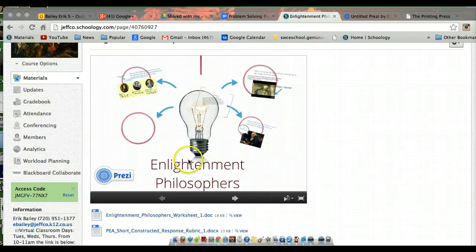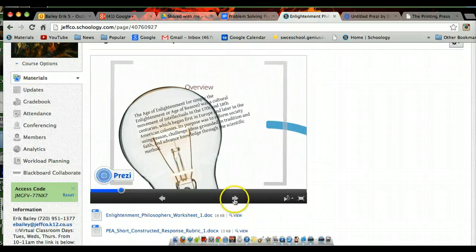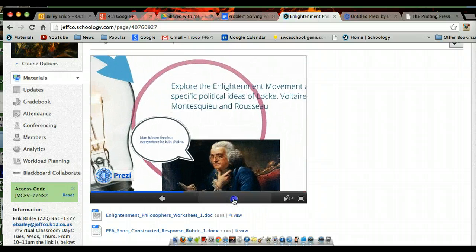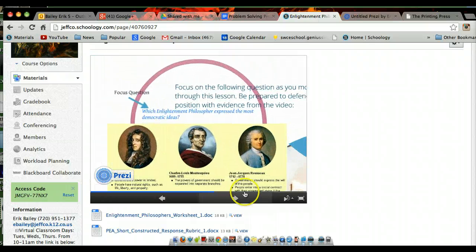Now the lecture, I'm just going to give a brief lecture on the Enlightenment philosophers. The philosophers that we're talking about today are Locke, Montesquieu, Rousseau, and they don't show Voltaire in this picture, but it is also Voltaire.